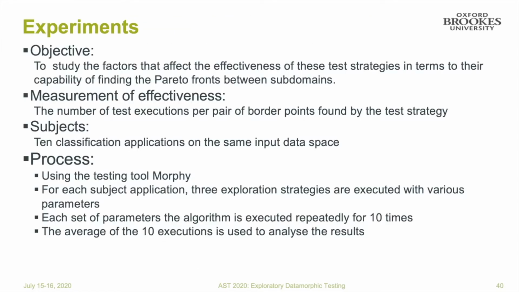We have also conducted experiments to study the factors that influence the effectiveness of these test strategies. Here, the test effectiveness is measured by the number of test executions required to generate each pair of border points in the parental front.